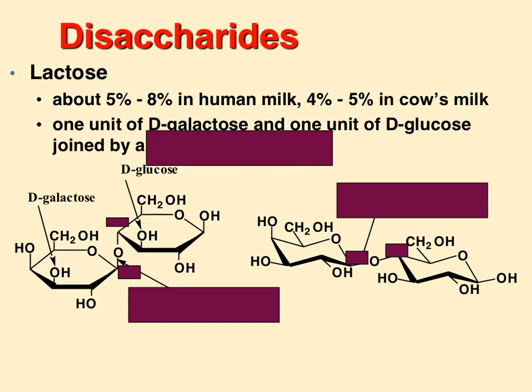Chances are you'd probably draw the one that's on the left because I copied this from a table. I'm not going to draw these out myself, and I'm not going to ask you to draw it as a chair. But if the table I gave you had it in chair, you can draw the chair. It doesn't. Not too worried about that. Okay, so we start with the galactose.